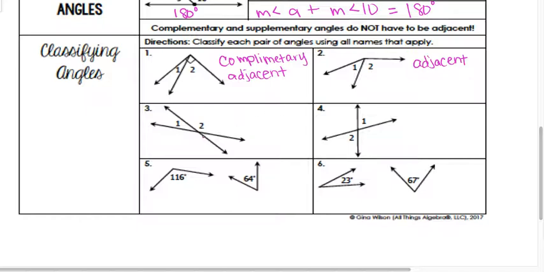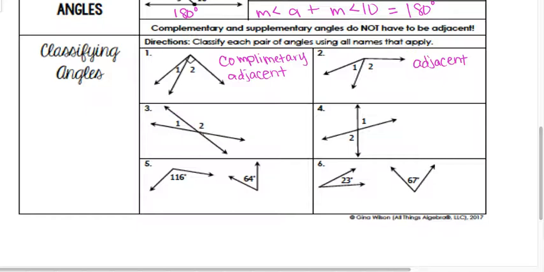Okay, so on this one, if you need to, go ahead and pause and try to work it on your own, okay? And then just push play and I'll be here whenever you get done. Okay, so you've got two angles that are intersecting, okay?